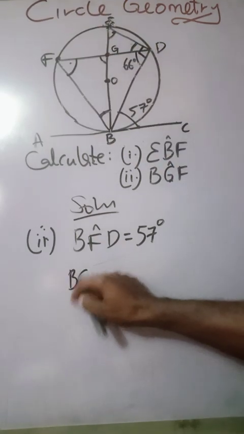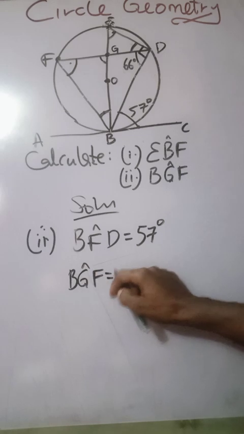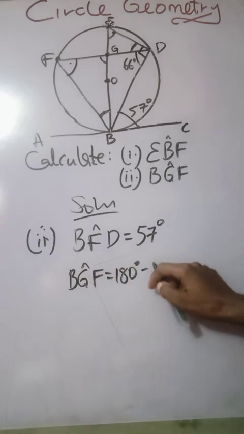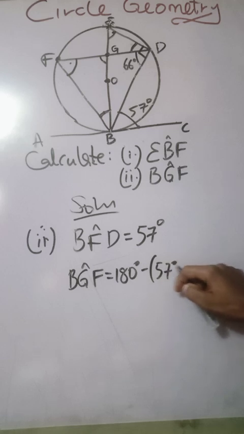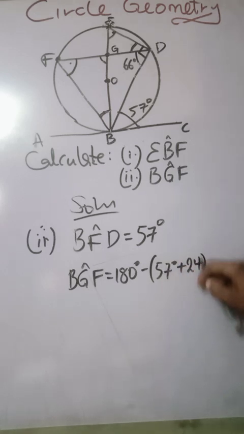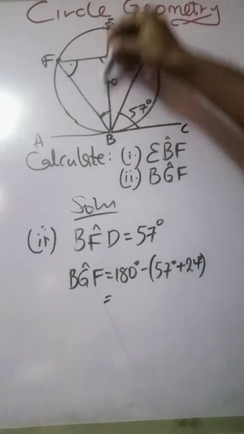Angle BGF is equal to 180 minus 57 plus 24 degrees. And the reason is the sum of angles in a triangle.